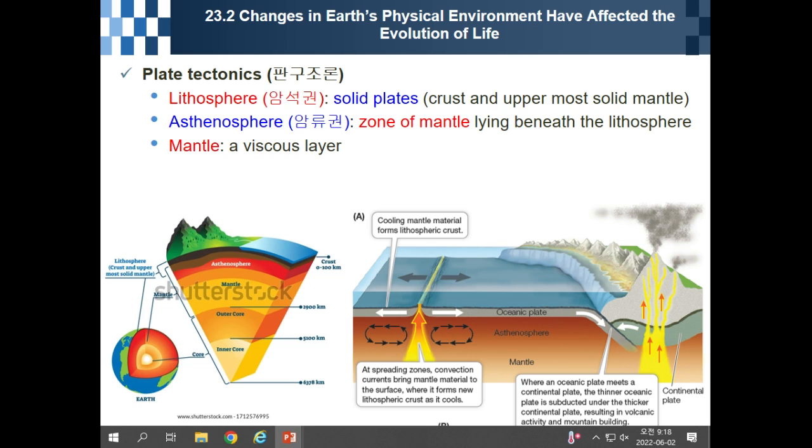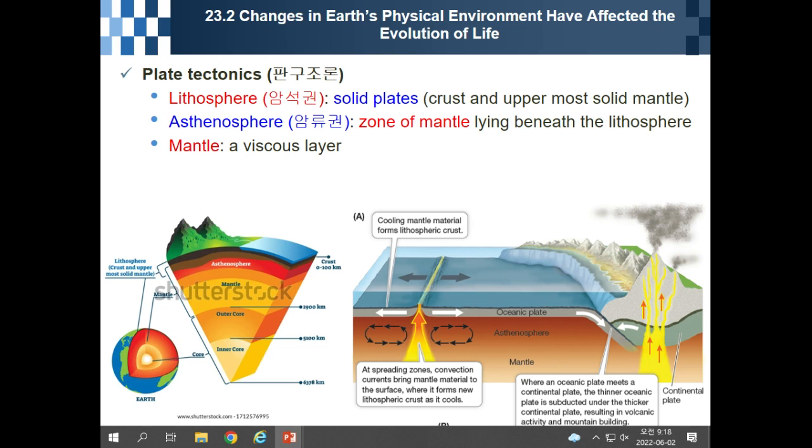In Korean, we call it 암석권. The lithosphere is composed of solid plate, very solid, and it is composed of crust, 껍질, and the uppermost solid mantle. The mantle is usually viscous, but the upper part is still solid. This we call the lithosphere.